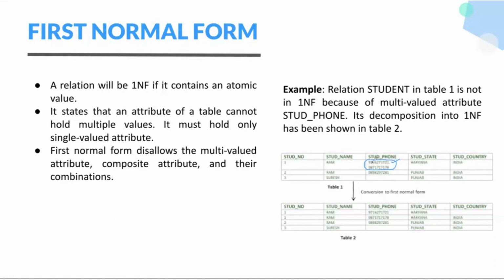This phone number came to the first row, and the other phone number came to the second tuple, and the rest of the entries are the same. This is how we convert a normal table to 1NF. Each cell can't have multiple values, it will have only one value. Is it clear, guys? That's first NF.